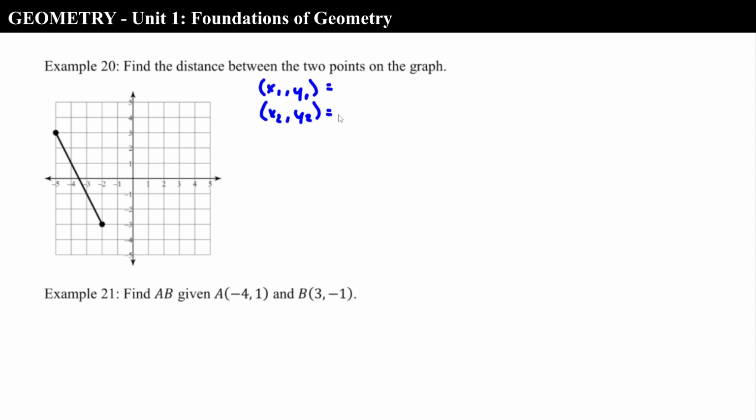Okay? So let's make this our first one, and this one our second one. So the coordinates for our first point are -5, 3. The coordinates for our second point are -2, -3.